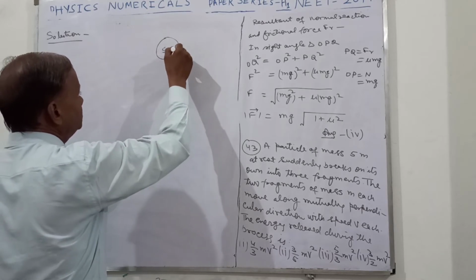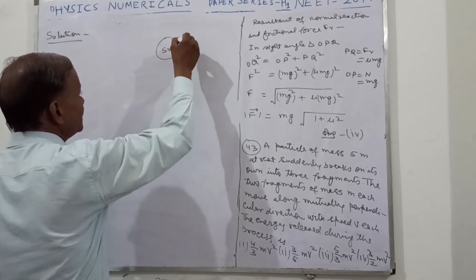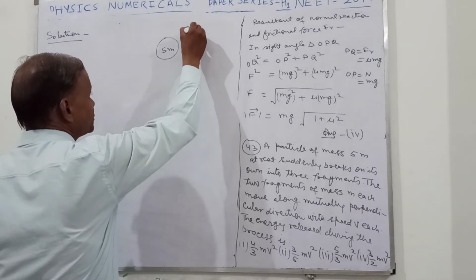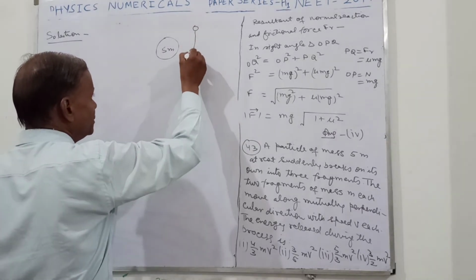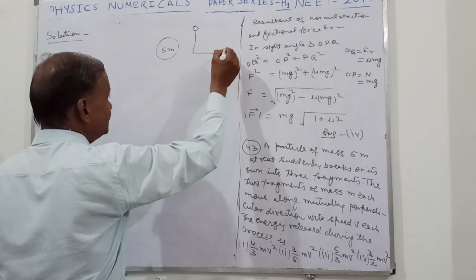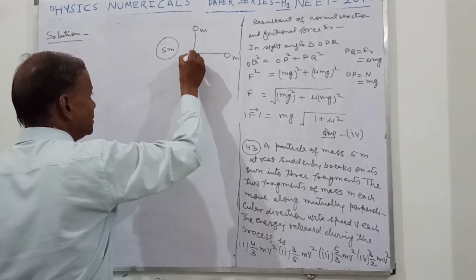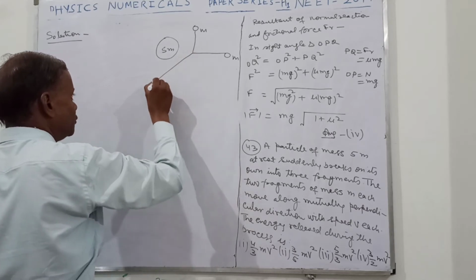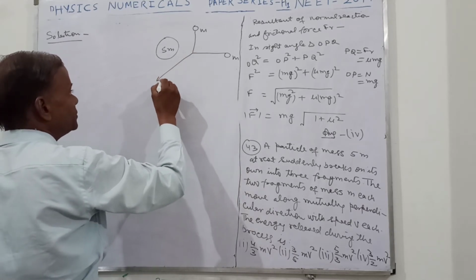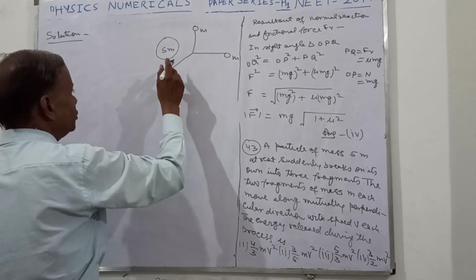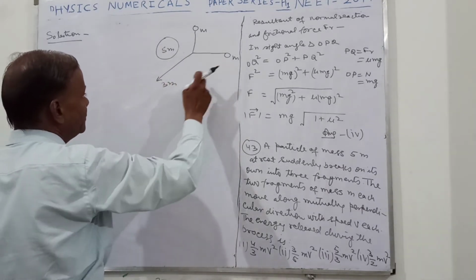So when this breaks, 2 particles move in these directions, each of mass m. Then naturally the third will move in this direction, and its mass is 3m. Total is 5m: m, m and 3m.